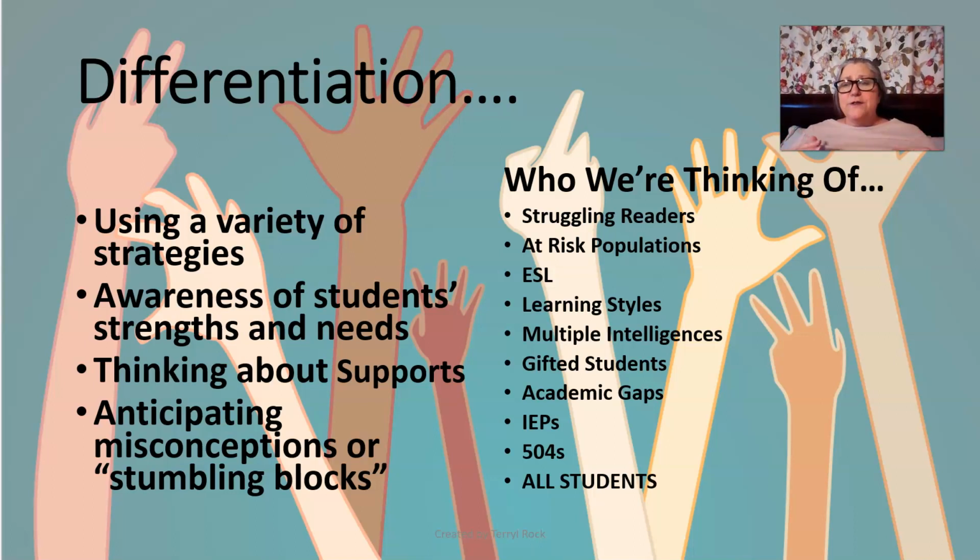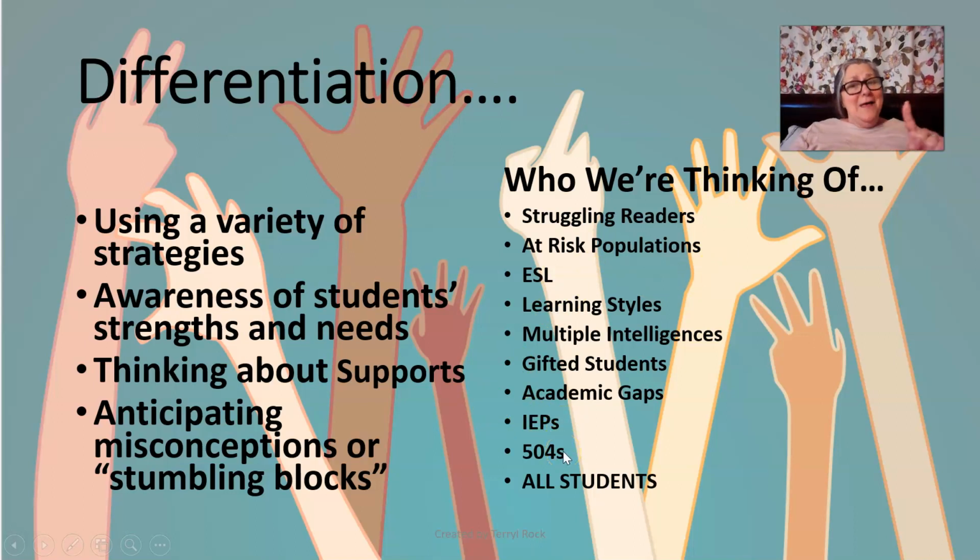Thinking about supports, being aware and anticipating what kind of misconceptions are going to occur, and what kind of stumbling blocks you might have in learning, and what you can do to prevent that from being such a problem. So we're not just thinking about those students with IEPs and 504s.